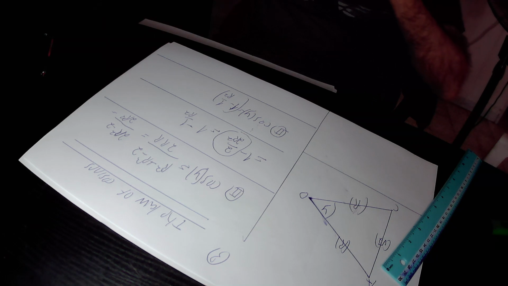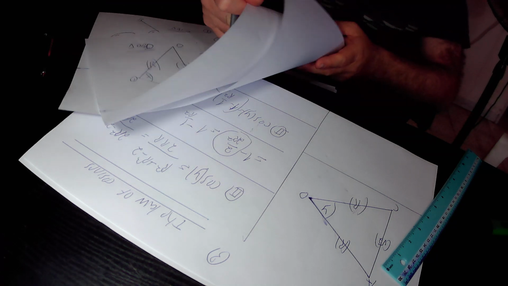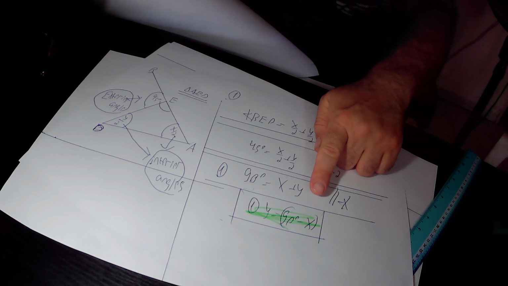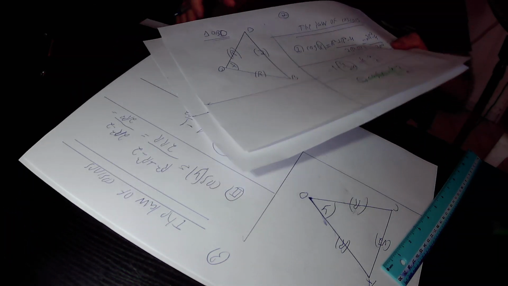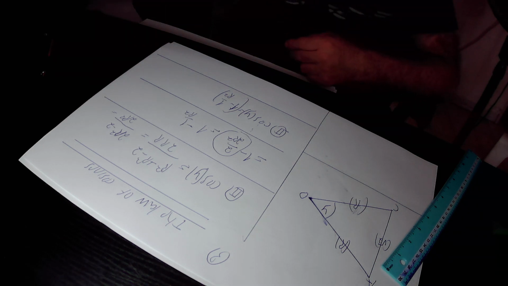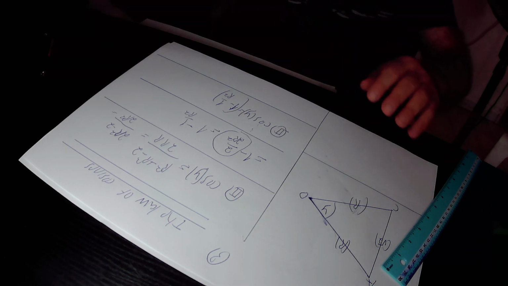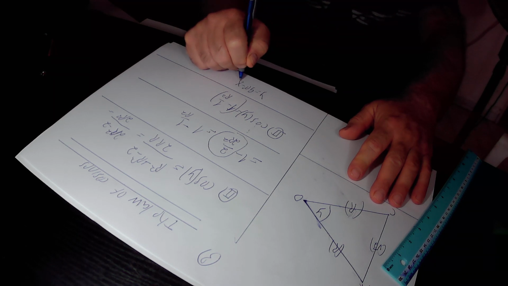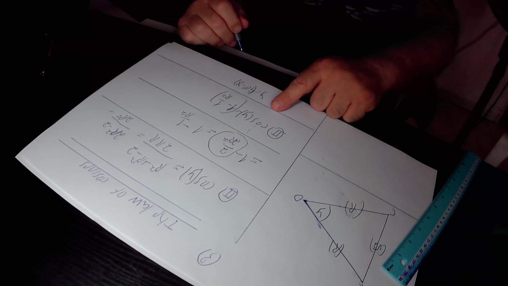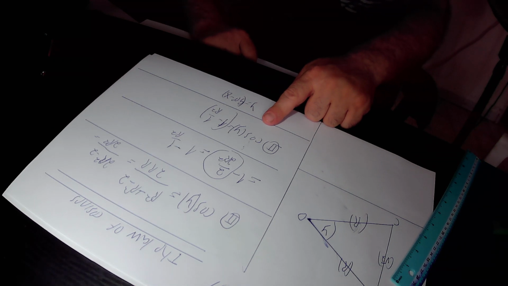But we've already found out that y equals 90 degrees minus x. So y equals 90 degrees minus x, and therefore we can substitute y in this equation 2 by 90 degrees minus x.